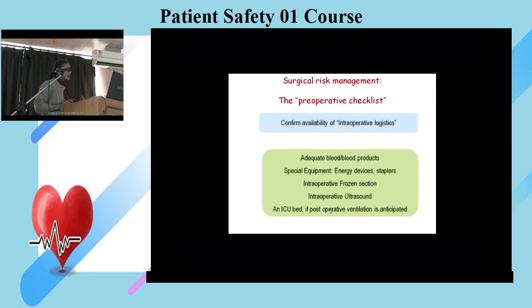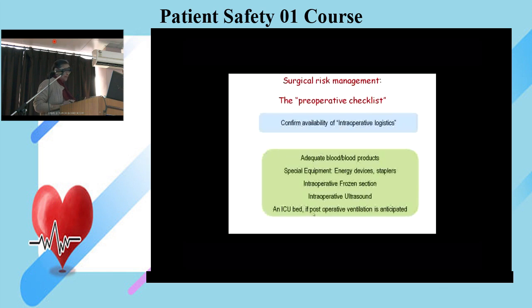Energy devices, not only diathermy, but whether you need to use harmonic or APC or CUSA for that. Staplers, what size, which ones. If intraoperative frozen section is needed, inform the pathologist what specimen, what are you looking for. If intraoperative ultrasound is needed, inform the radiologist and reserve an ICU bed if postoperative ventilation is anticipated.